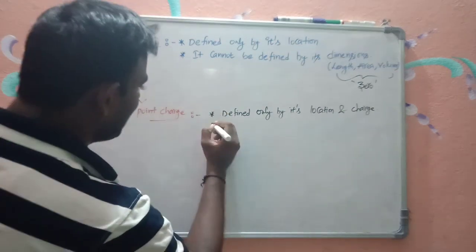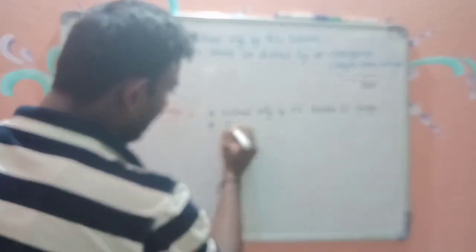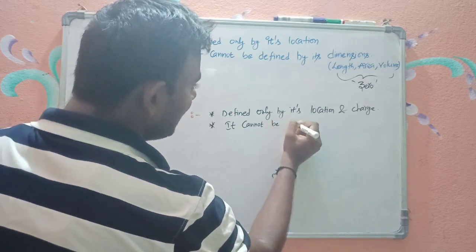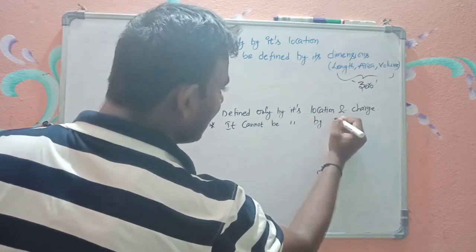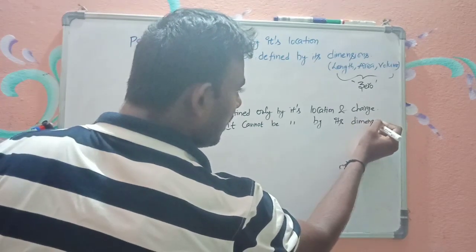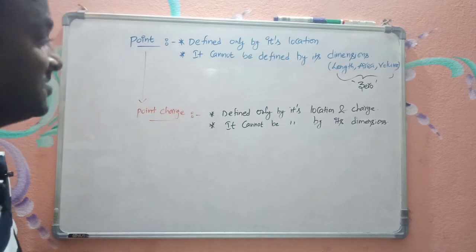The second important thing about a point charge is the same: it cannot be defined by its dimensions, length, area and volume. All of these are zero for point charges.